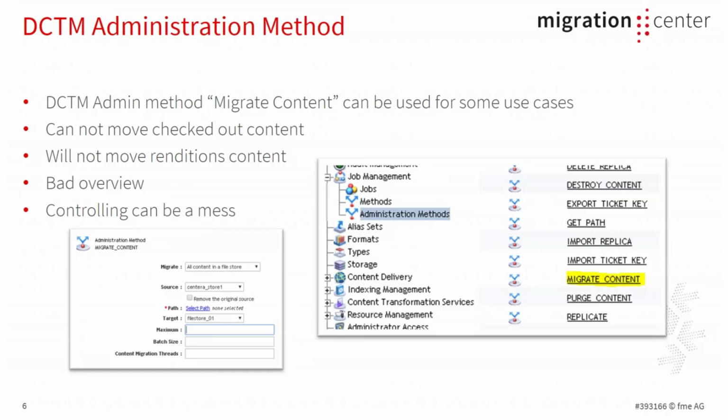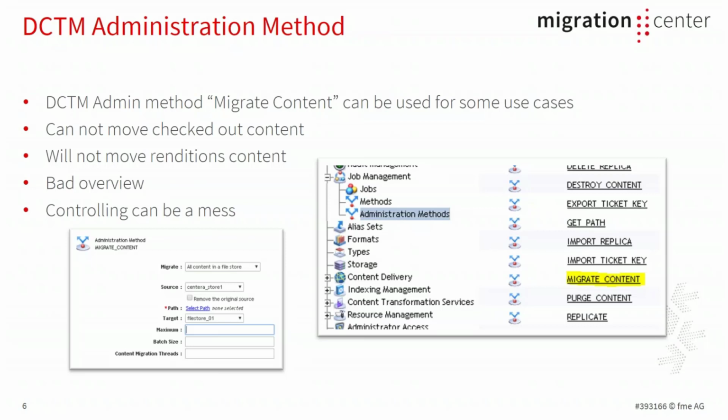You can really address some smaller use cases with it. You can, for example, move content from file store 01 to file store 02 or whatever, but it is really not very convenient. It is difficult to control, and you don't have a real overview because everything happens in the background, right? It's a server method which is running in the background.